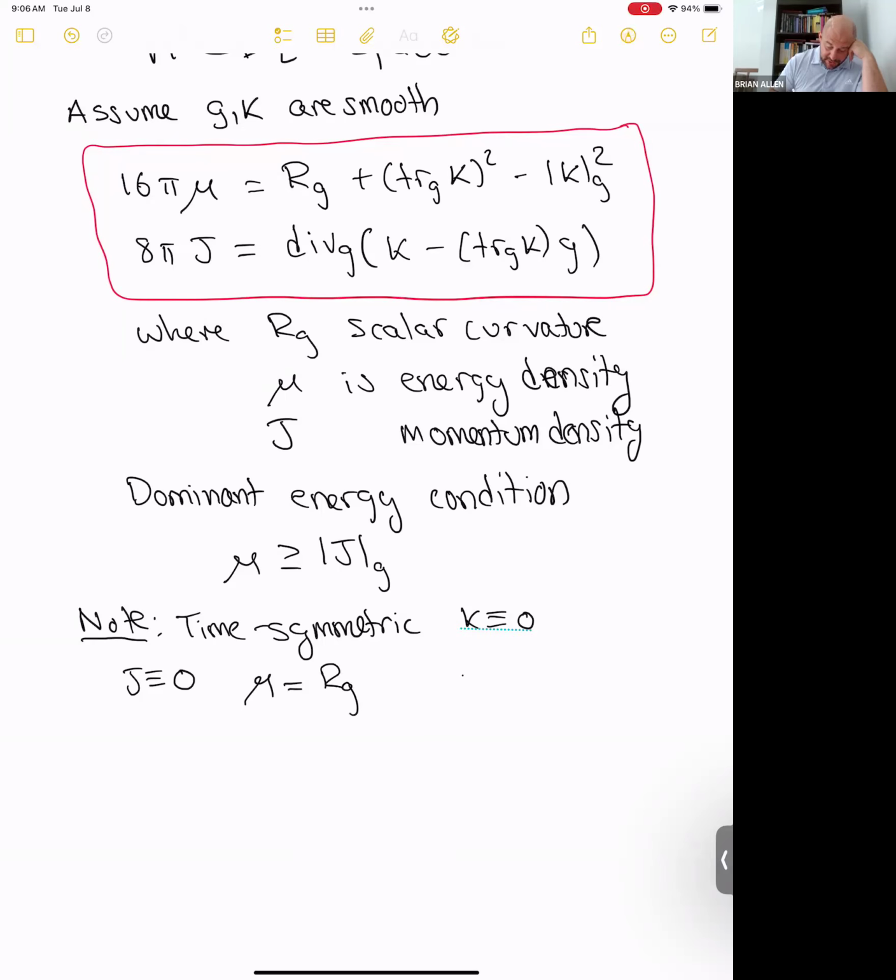So the dominant energy condition implies that the scalar curvature is non-negative. That's why a lot of times you'll see people study these positive mass theorems in the case where you just have a Riemannian manifold with non-negative scalar curvature. But in general, the dominant energy condition says that the energy density is bigger than the length of the momentum density. Okay, good.